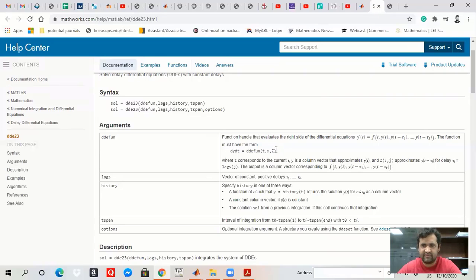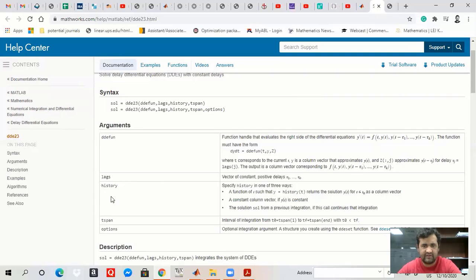And this Z is going to approximate your delayed solutions, for the lags. The lag is a constant vector with positive delays. You can have a vector with many rows and one column, and you can put these positive numbers as the lags.